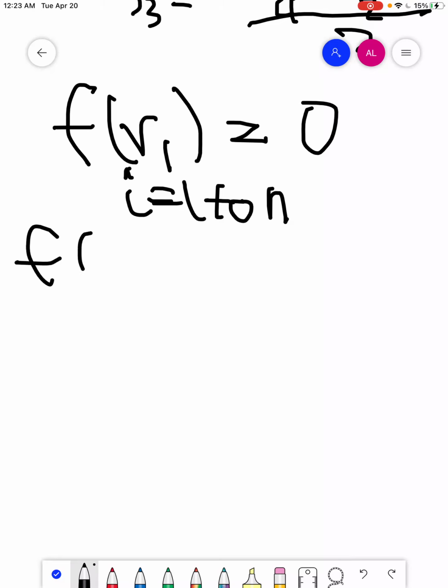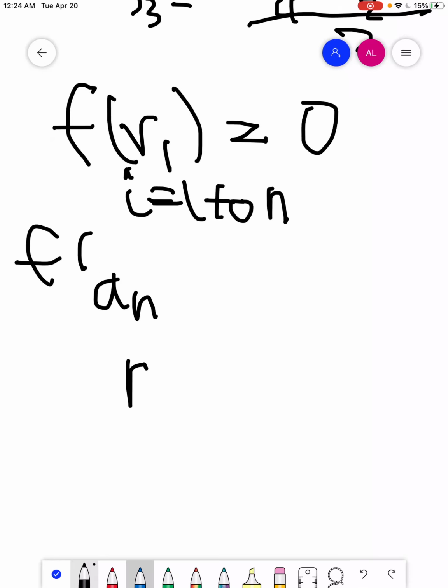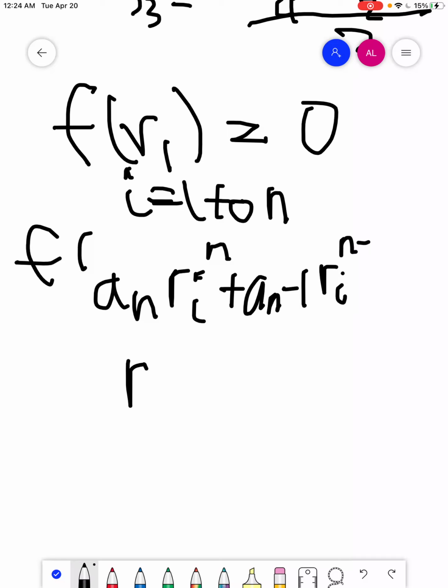Multiplying each polynomial by r to the k minus n: an ri to the n plus an minus 1 ri to the n minus 1, you get the point, down to a0.